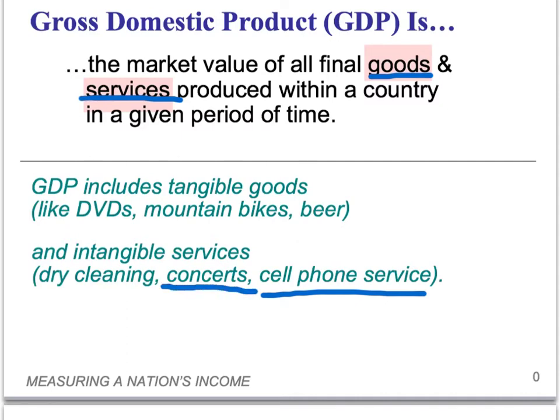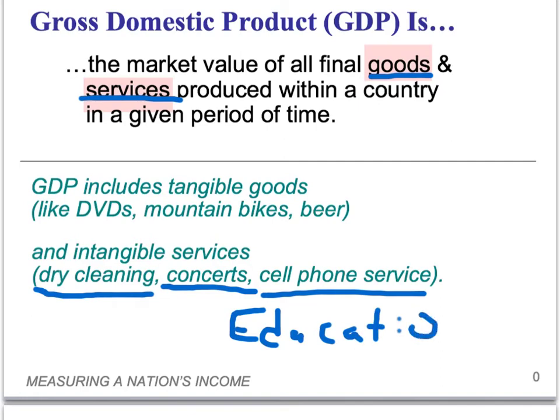You pay to have dry cleaning. You also can pay for a service called education, which is happening right now. I hope you feel like you're getting your money's worth. Next slide.